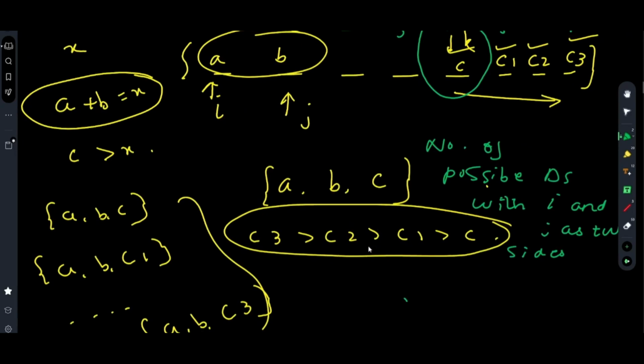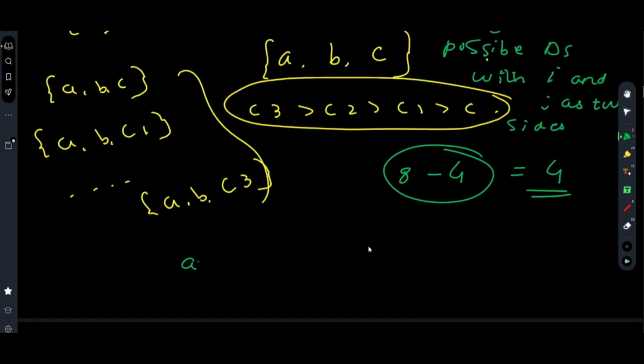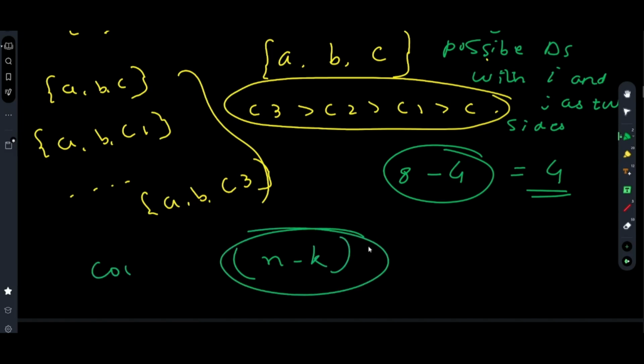This will be 8 minus 4, which equals 4. 8 is the length of the array, and 4 is the index. That is, your value will be n minus k. If k is the upper bound index, count plus equals n minus k.